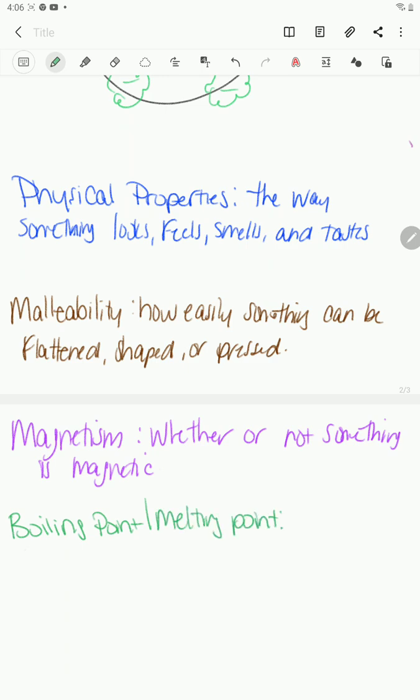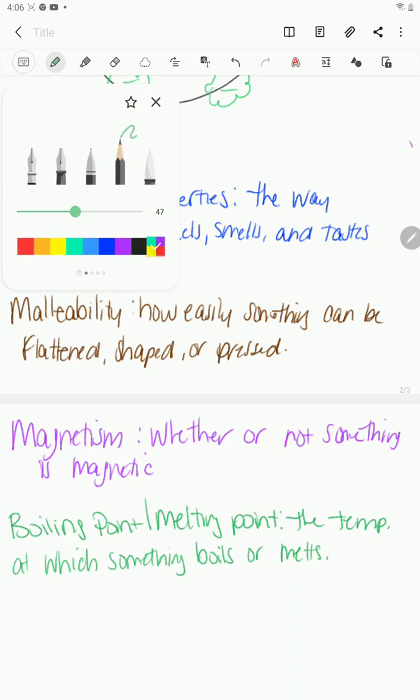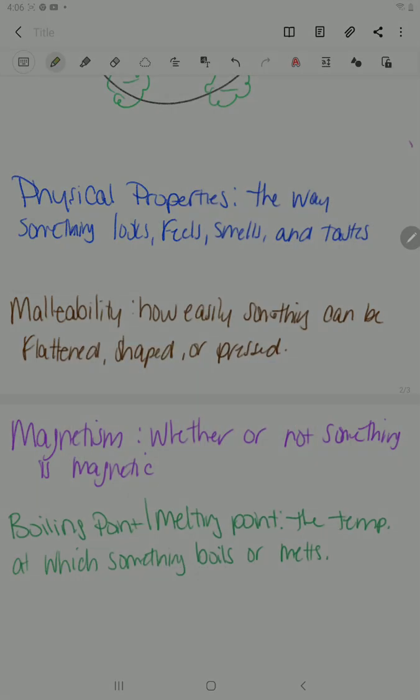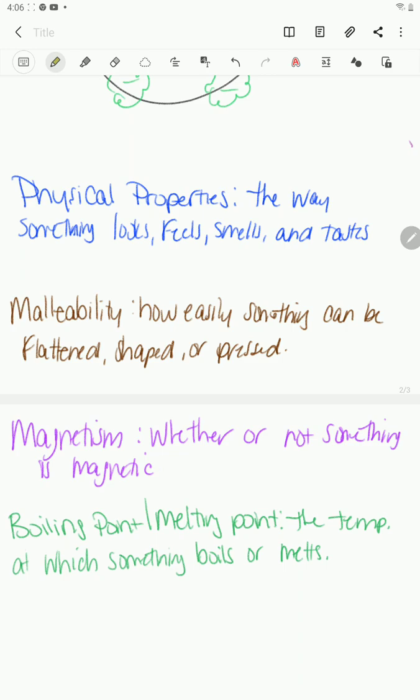And again, just like the name says, it's the temperature at which something boils or melts. Okay?